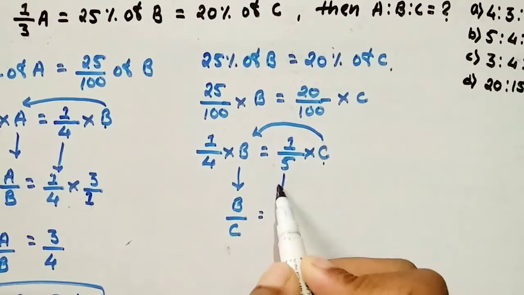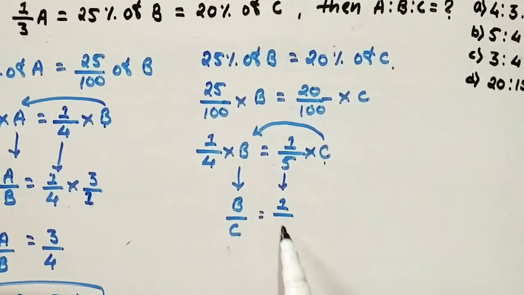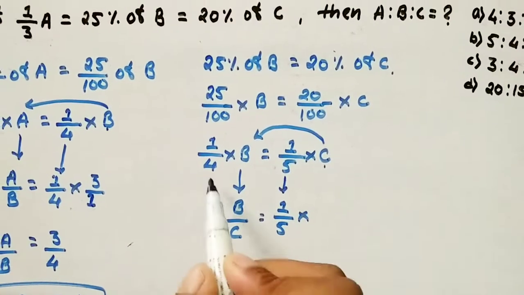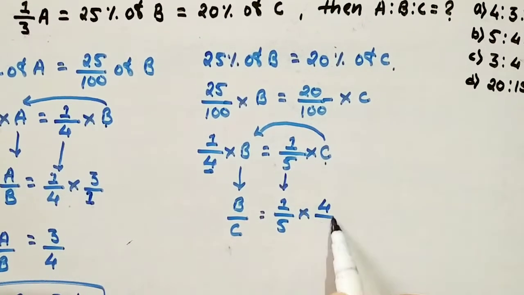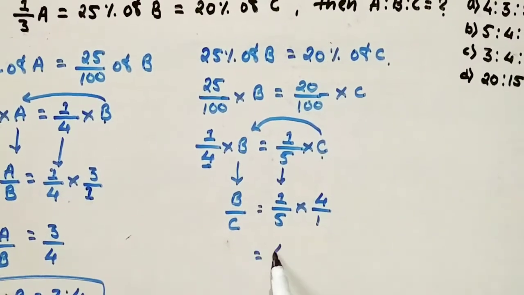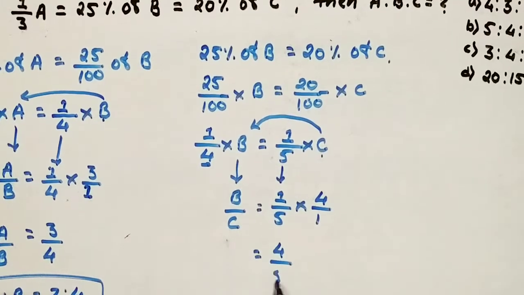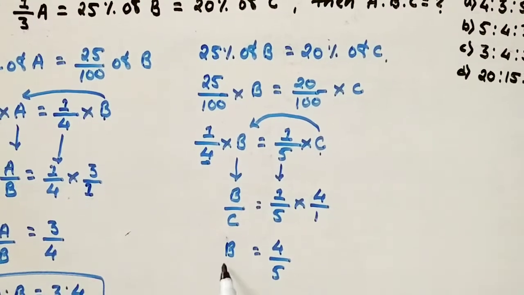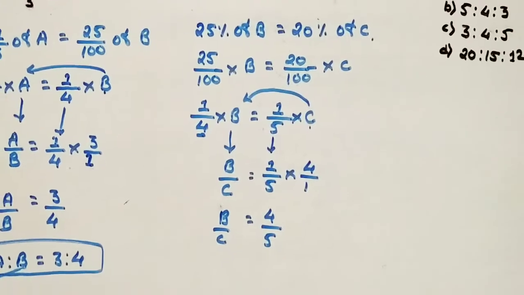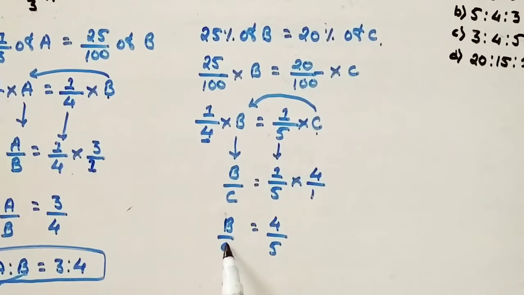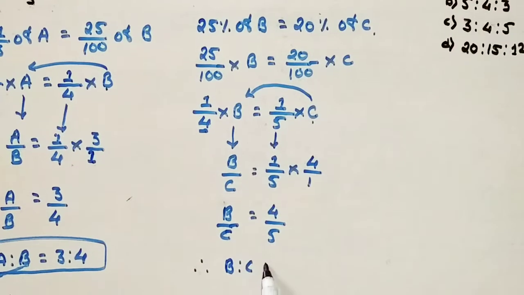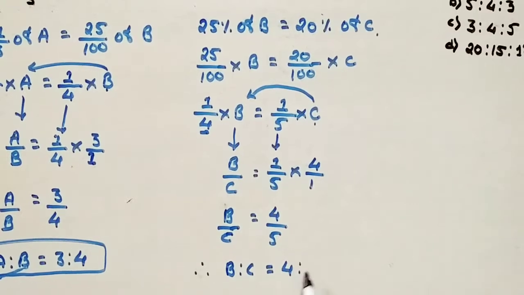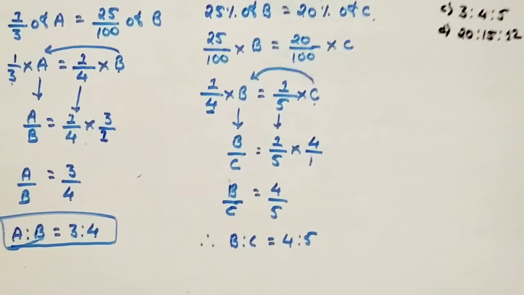So 1 by 5 as it is and 1 by 4 moves to the right side, then 4 divided by 1. So 1 into 4 is 4, and 5 into 1 is 5. So B is to C is equal to 4 is to 5.